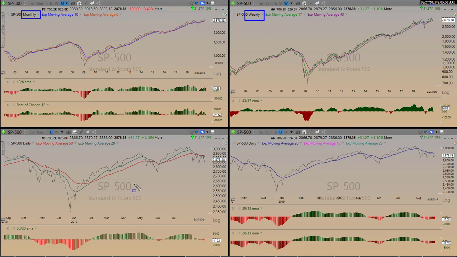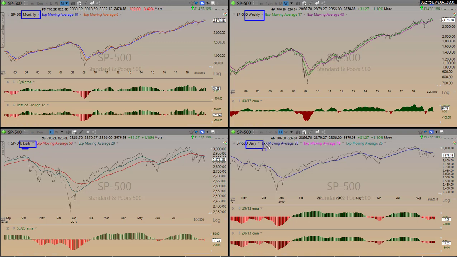Here's a weekly chart, and when you go down the line here, this is a daily chart using just a simple pair, the 50 and 200-day exponential moving average, and then another daily chart with a couple different trend indicators that are a little bit faster. And what I mean by faster, obviously these first two are longer term because they're monthly and weekly charts.